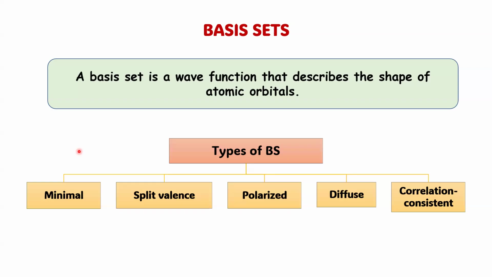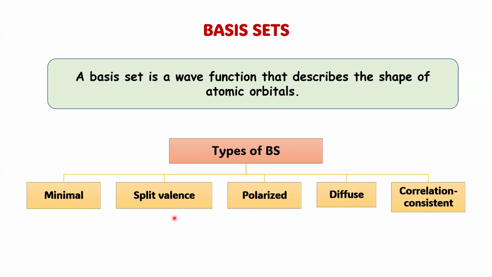The next one is the split valence basis set. The split valence basis set provides more flexibility by using more than one basis function, because in the minimal basis set we use only one function. But in the split valence basis set, we use two types of functions to represent the valence orbitals.